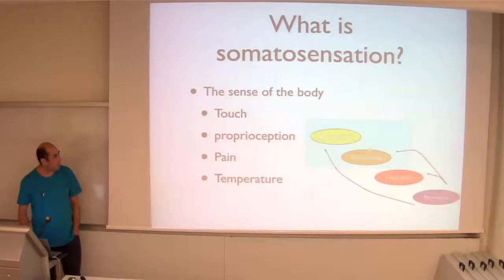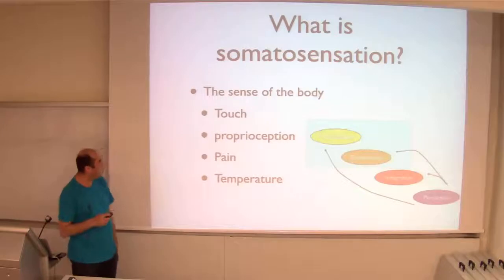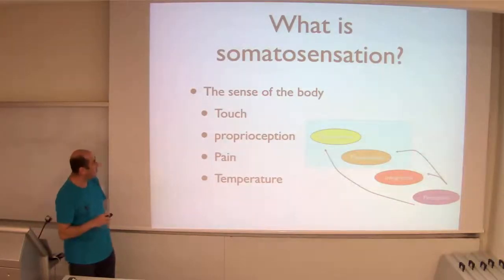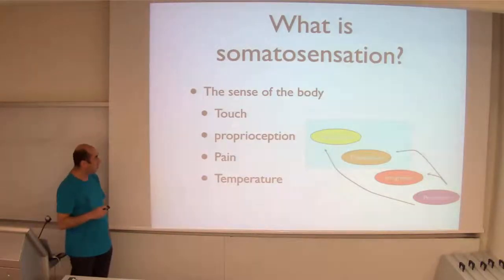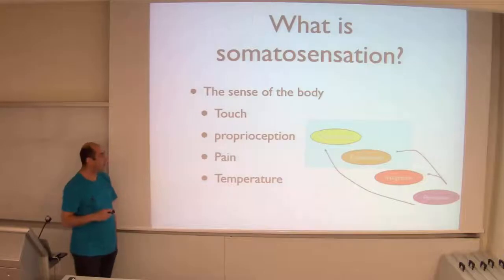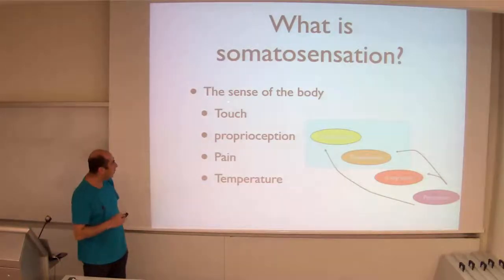So just to remind you what we were talking about, we said that somato sensation is a complicated system in the sense that it is not one sense, but it's several. It has several modalities. It has touch, proprioception, pain, and temperature, and we actually mainly talk about touch.